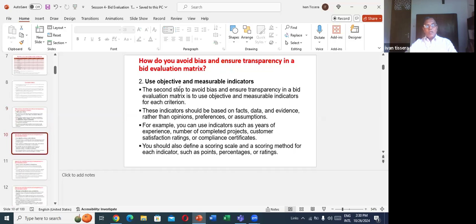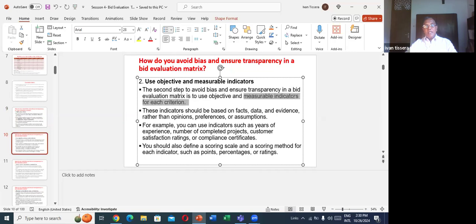Number 2, use objective and measurable indicators. The second step to avoid bias and ensure transparency in a bid evaluation matrix is to use objective and measurable indicators. That means basically quantitative indicators. If you give qualitative indicators, there's a problem. You should have another methodology to rate qualitative ones as quantitative.